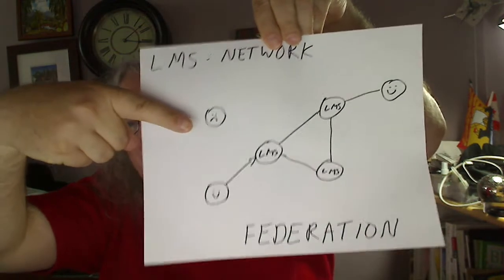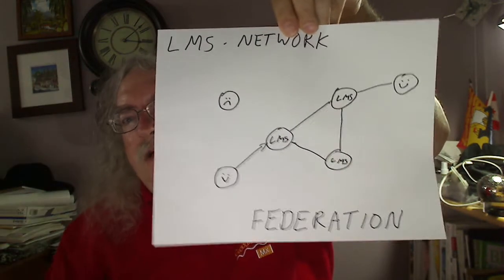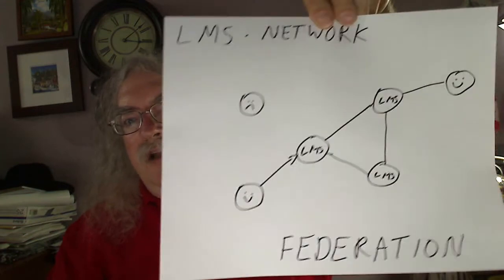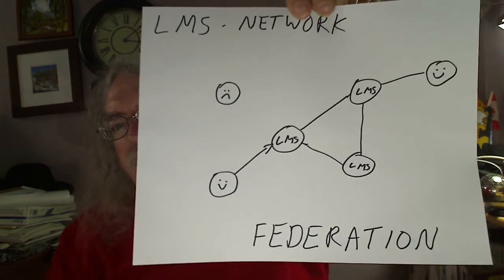This poor person is not a member of any of the LMSs. He's locked out of the Federation, and because he's locked out of the Federation, he's not able to access any of the collaborative resources and services. This is why an LMS and an LMS Federation does not really provide the advantage that a network does.